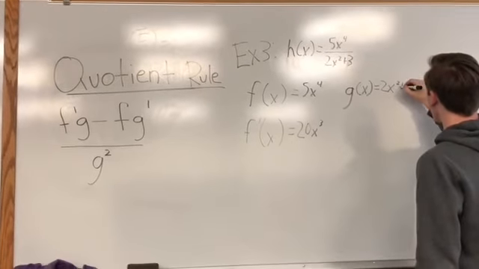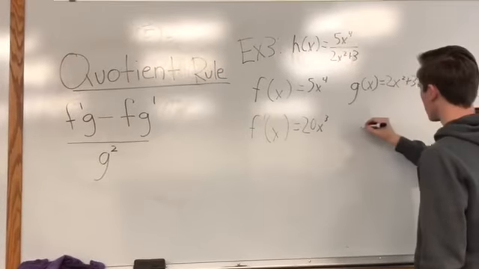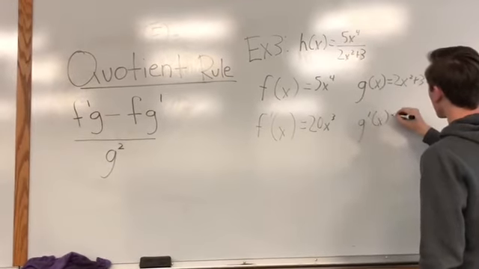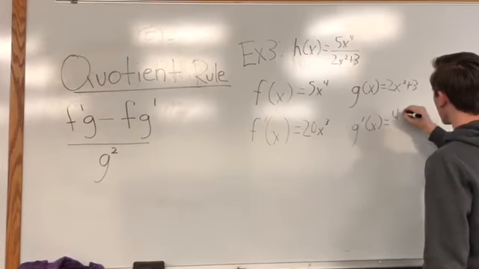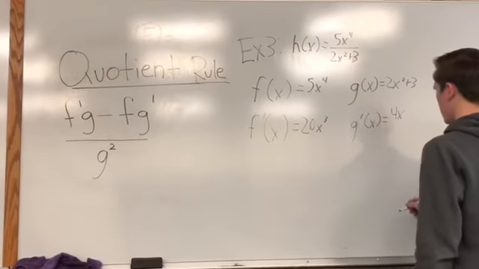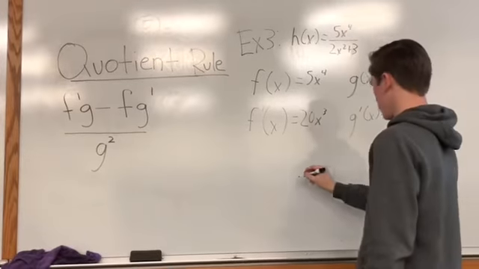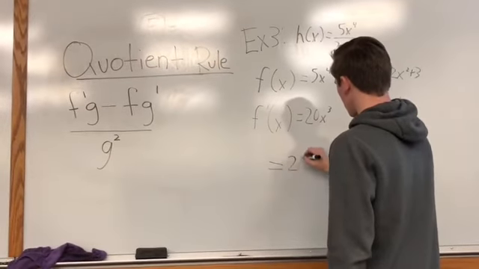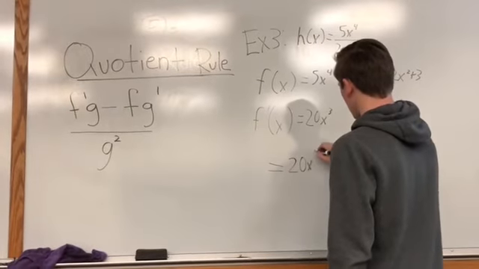So it's 20x to the 3rd power. Now we have g of x, which is 2x squared plus 3, and g prime of x will be 4x, because we multiplied the constant, which is 2, by the power of 2, which gives us 4.